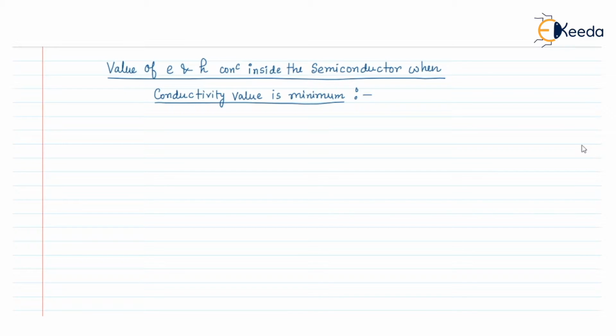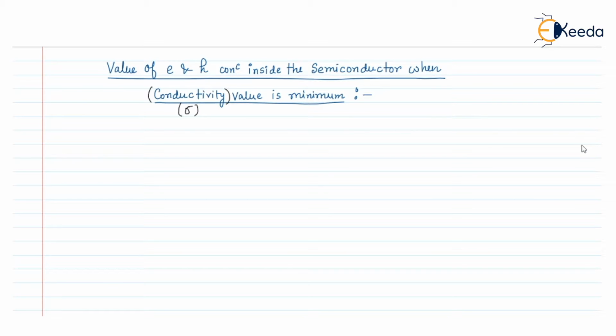That means we need to calculate the electron and hole concentration inside the semiconductor when the conductivity of that semiconductor is minimum. So as we know, the conductivity of any semiconductor, we denote it as sigma.